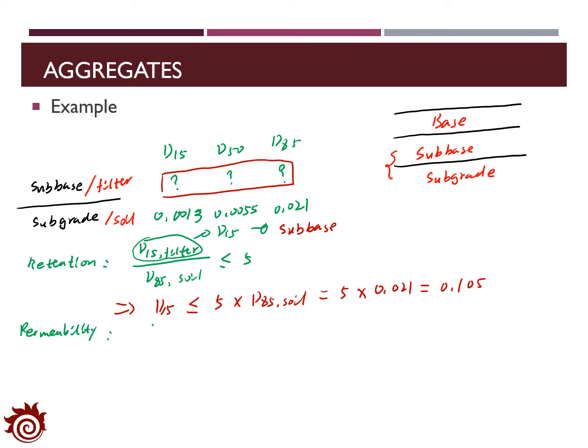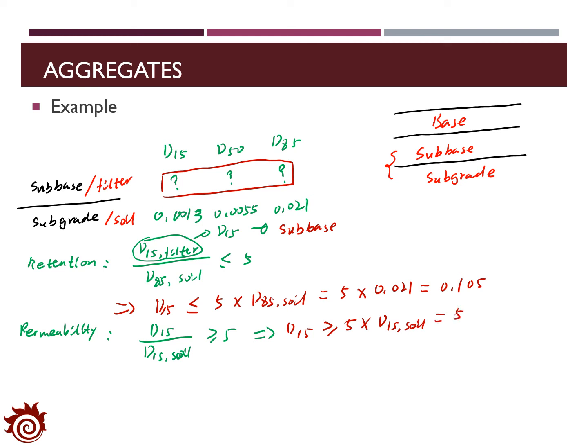So we have D15 over D15 soil. It's higher than 5. So that is D15 is higher than 5 times D15 soil.